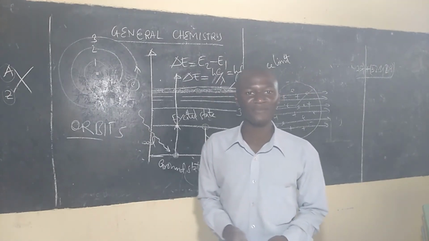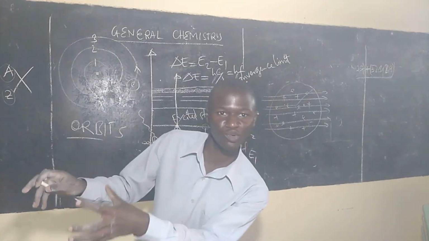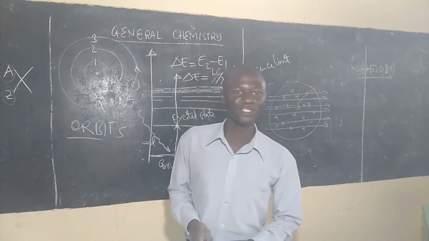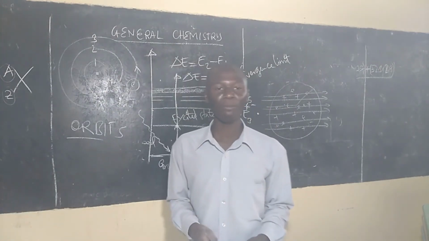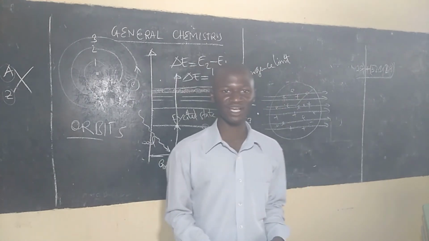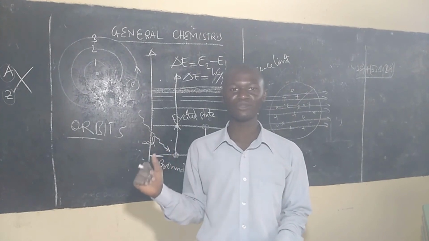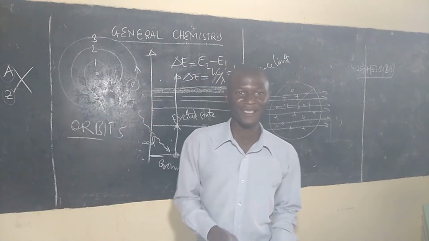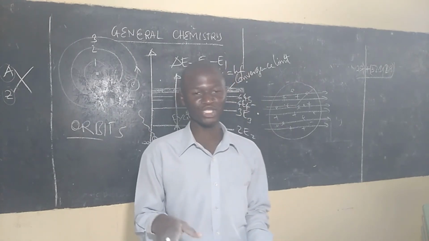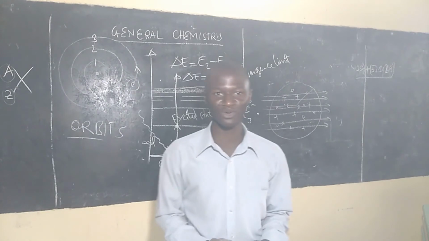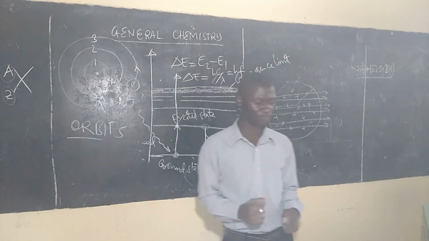So unaweza kukuta kule kwenye small rooms kabisa kule ndo ambako electron huwa zinaenda kujificha kule. Hizo small rooms tunaita orbital, but we will discuss them in detail later. Don't miss, because the discussion of the orbitals is almost at the end of this topic. So don't miss. Things will be enjoyable kuona jinsi gani electron zinajificha kule ndani kwenye small rooms of the orbits.